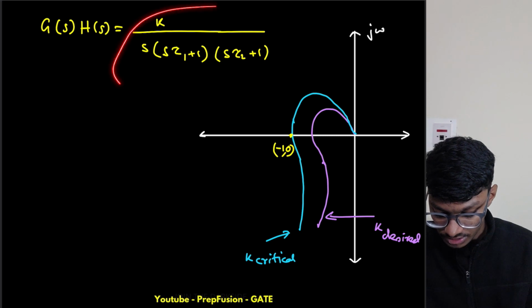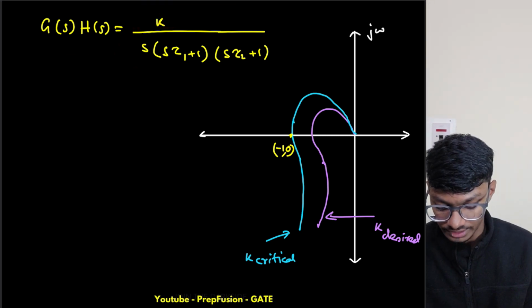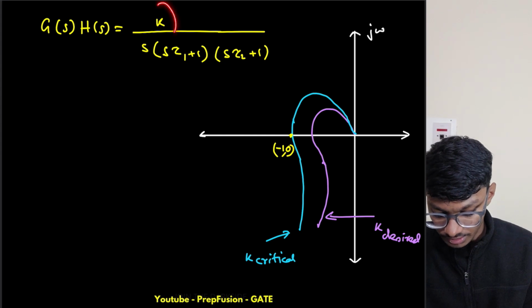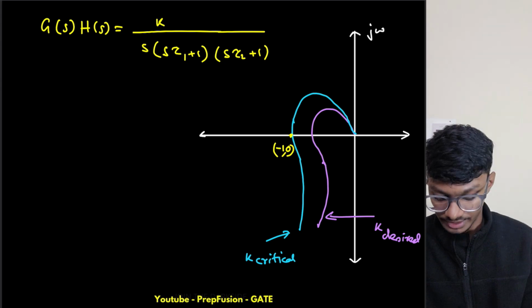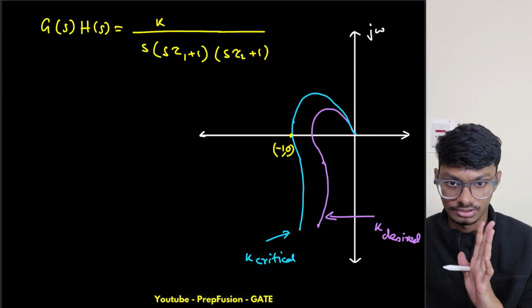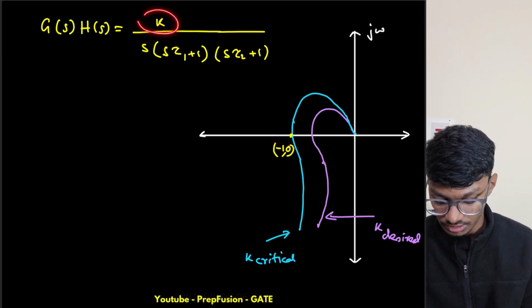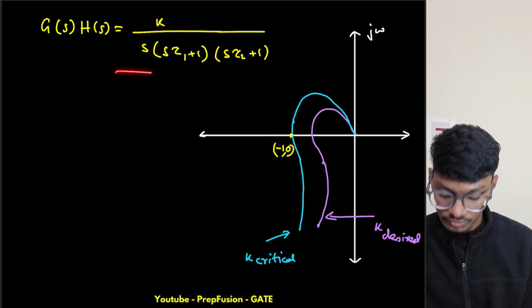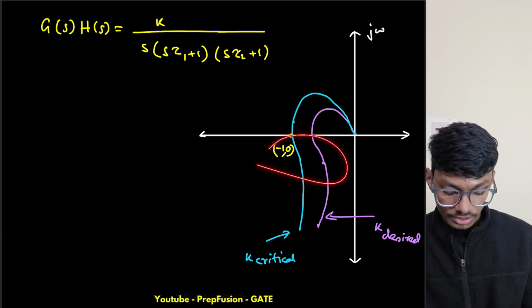So here you can see that the gain of my open-loop TF is k itself. The main gain is depending on k itself. So if I multiply k, this will be expanded or contracted. Gain varies with k. Obviously if I vary omega, that will vary, but if I keep my omega constant and vary k, gain will vary with k.